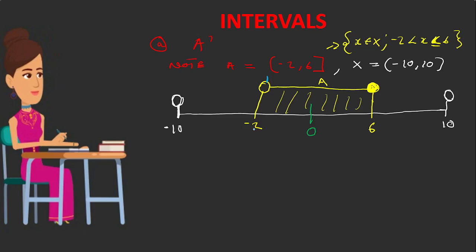As a result, I'm going to shade it like that. So I'm going to go up and shade it and also bring this one on top. Because this part is not occupied by A, it's going to remain the way it is. And then connect them like that. And this part, which is in blue, is simply A complement.